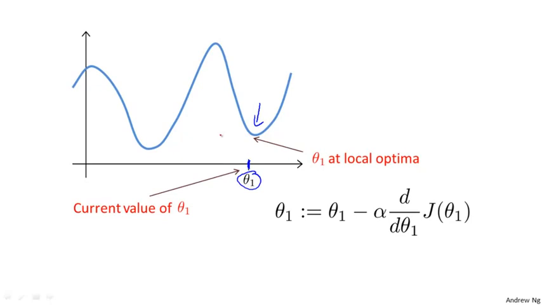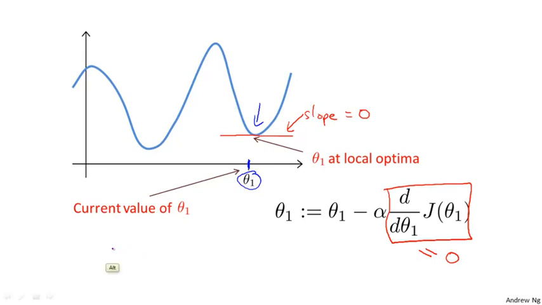So let's look at that slope, right? It's that tangent point. So the slope of this line will be equal to 0, and thus this derivative term is equal to 0. And so in your gradient descent update, you have theta 1 gets updated as theta 1 minus alpha times 0.